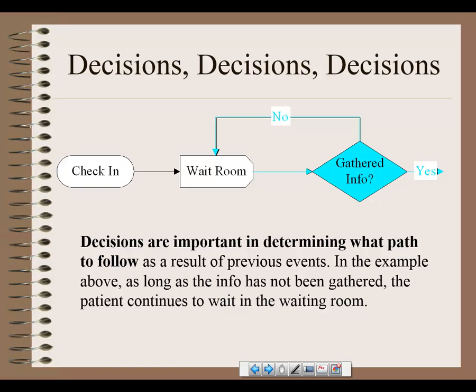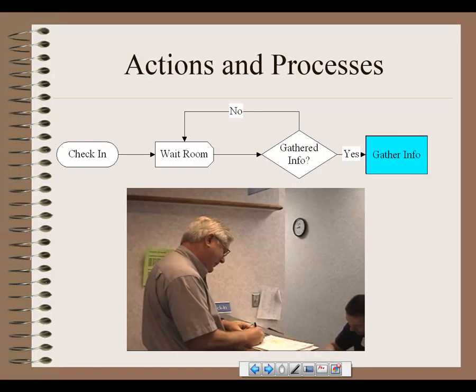So let's continue. If the information is gathered, then what will the next step be? Anyone can guess? Then we will gather information. So the clerk now will be gathering that information that you just gave them. That's another step.